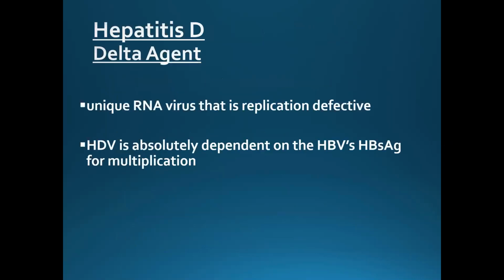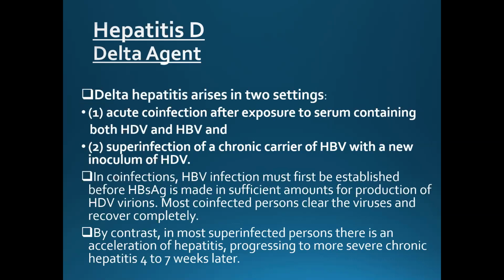All right, now we have hepatitis D. Hepatitis D is a big factor in Southern Europe and in the Middle East, up to 40% of patients actually. Now, this is a defective virus. It will never cause any infection unless there is hepatitis B infection that is there as well. So there are two scenarios for the hepatitis delta, hepatitis D, infection to happen.